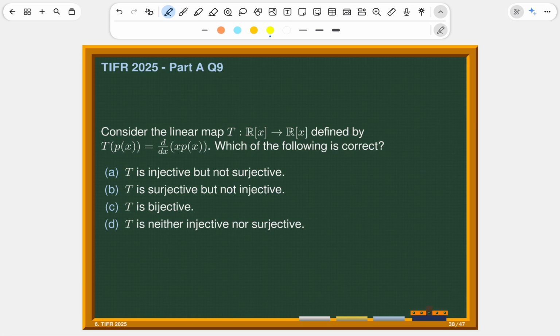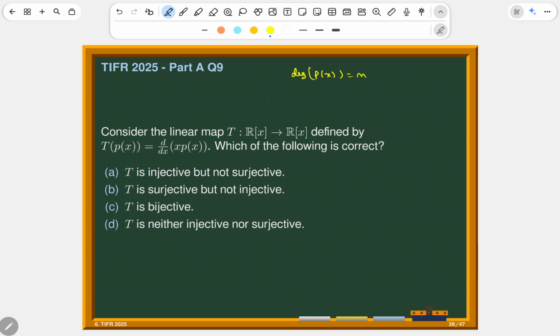So consider the linear map T, which maps polynomials to polynomials, defined by T of P(x) equal to the derivative of x times P(x). Now I would say that this is actually a very easy question. I don't want to spend time on this particular problem, but I'm giving you a hint of how to think of it. Suppose the degree of P(x) is n.